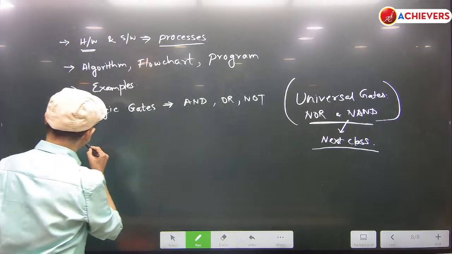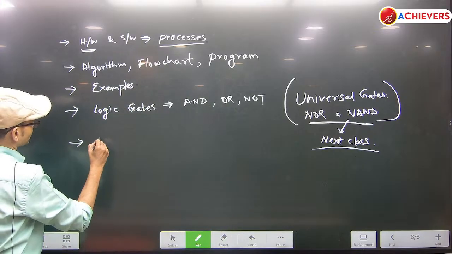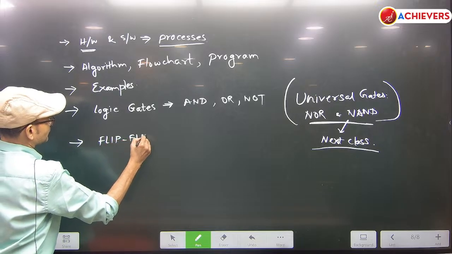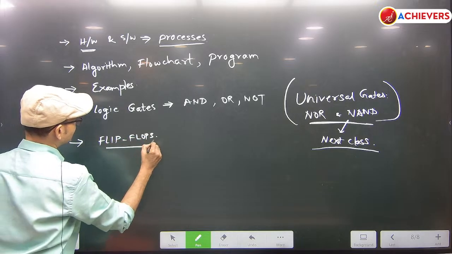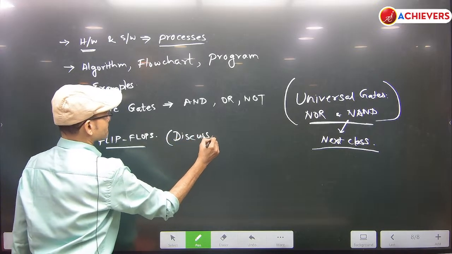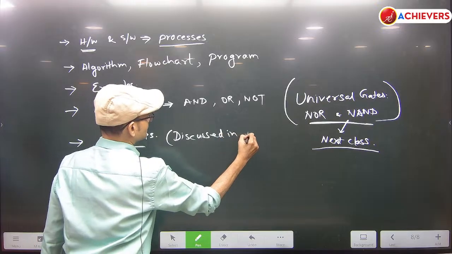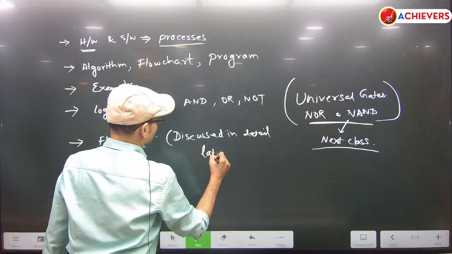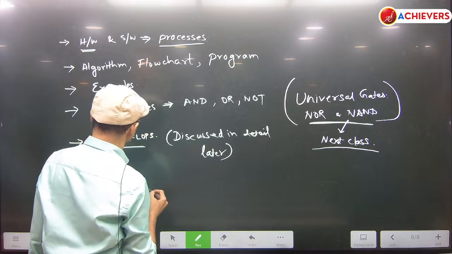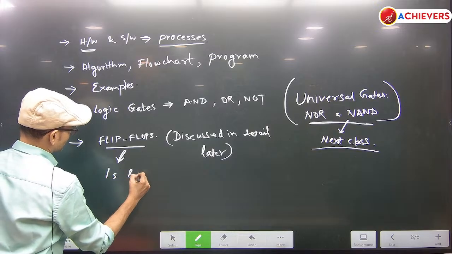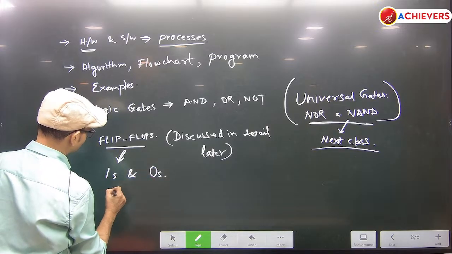And also we depicted the flip-flops. This will also be discussed in detail later. So this represents the ones and zeros that we already defined.